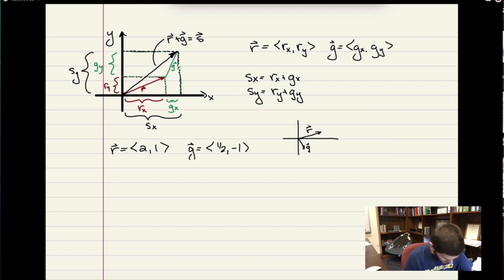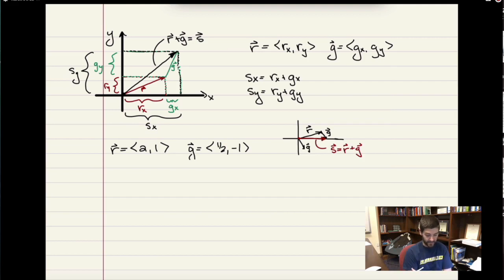Now if I wanted to add them together, I could recopy g over at the tip of r, so that's also g. Apologies, that's not drawn super well. If I recopy g, it would look something like this. Then the sum would start at the origin and go out to this position here. And this would be the sum of r plus g.